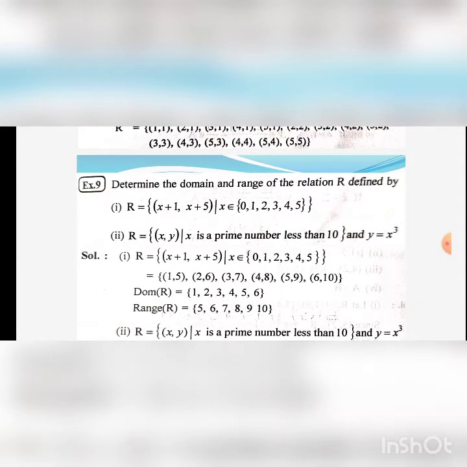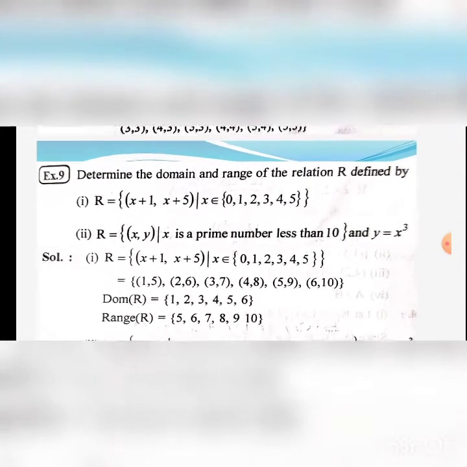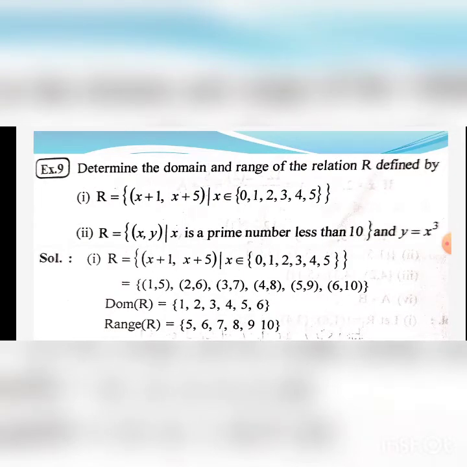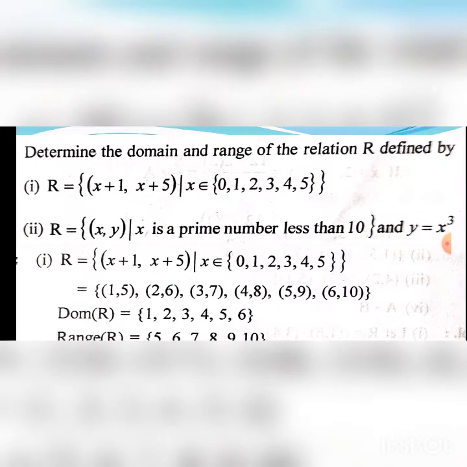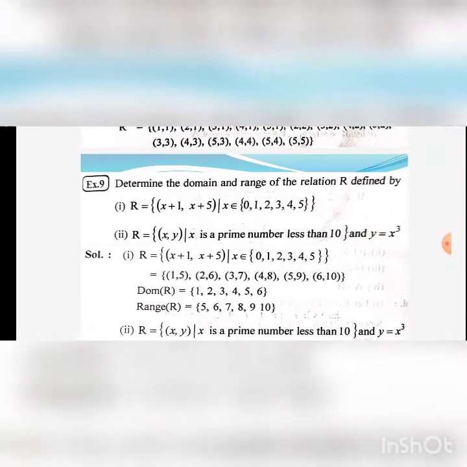And second, relation R equals ordered pairs (x, y) such that x is a prime number less than 10 and y equals x cube. So we are given relations and we have to find the domain and range of both relations. Firstly we solve the first relation and then the second.